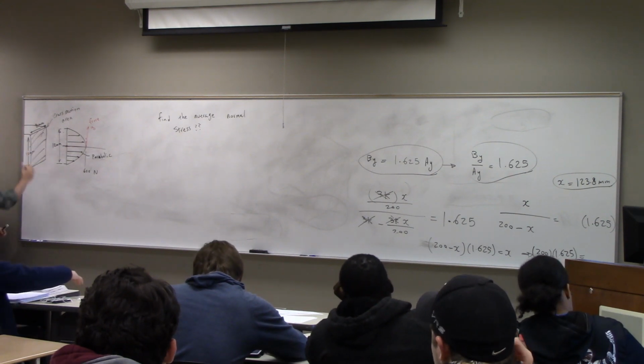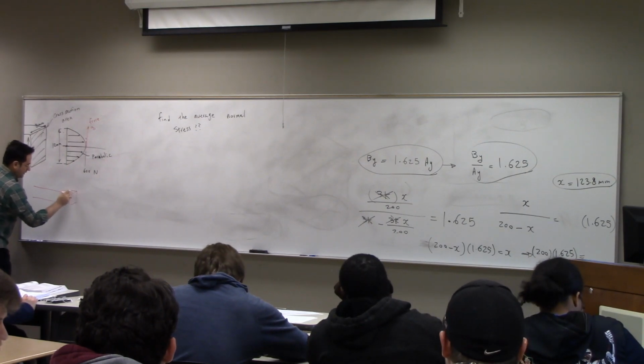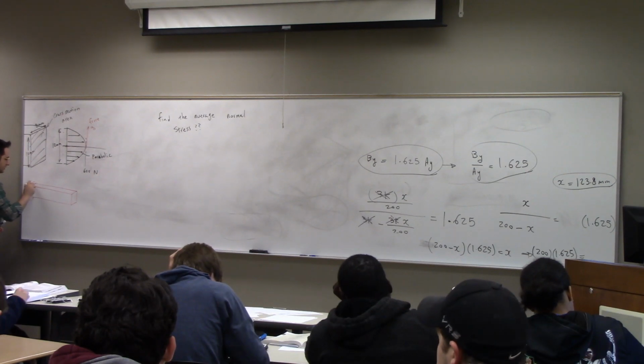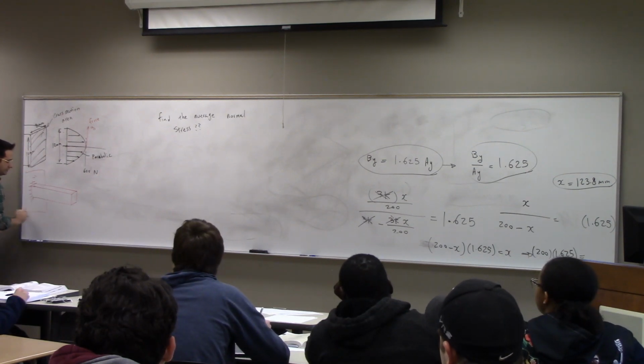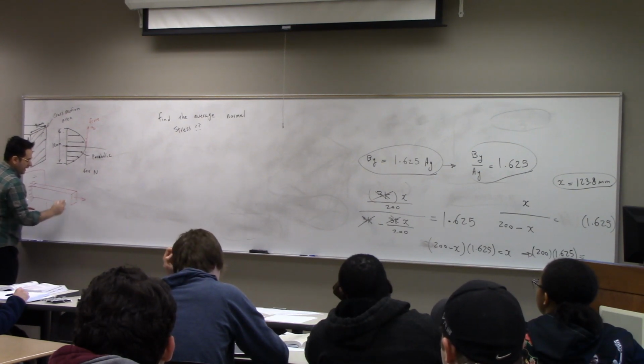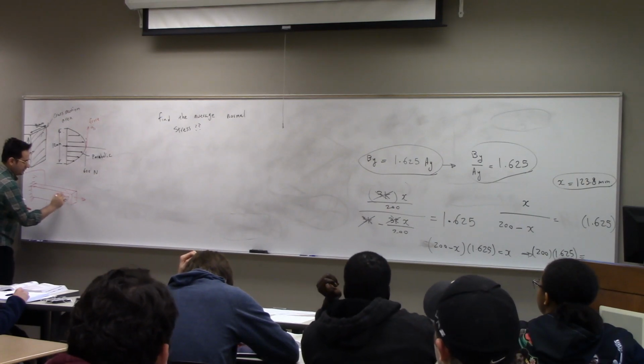So what is this? This is like, for example, a beam that is fixed to the wall, and you have some sort of loading, and near the load you have a parabolic distribution.